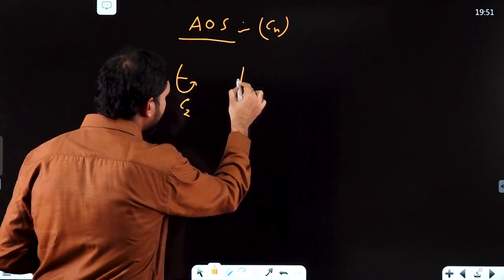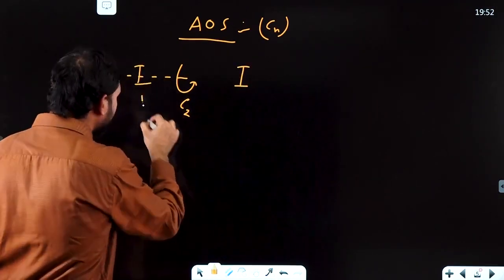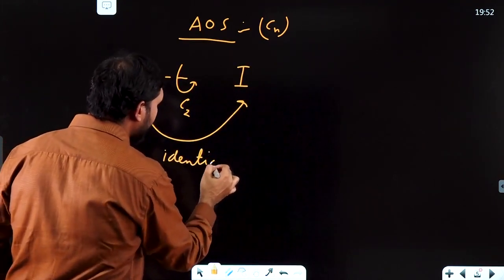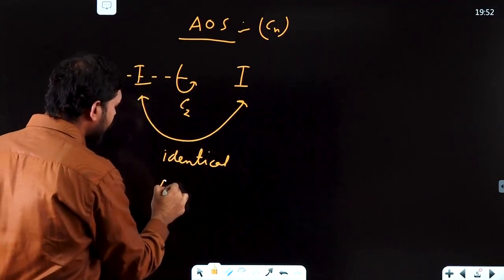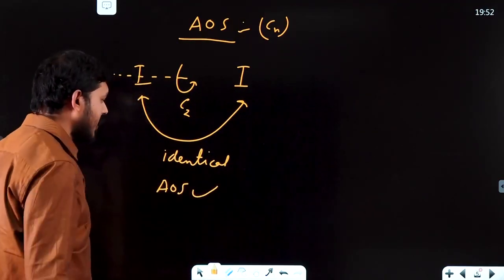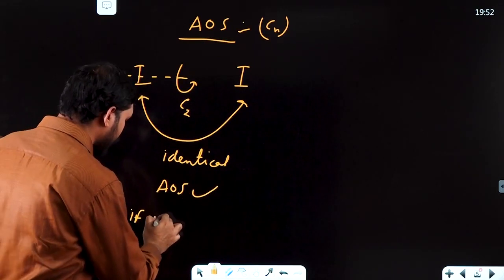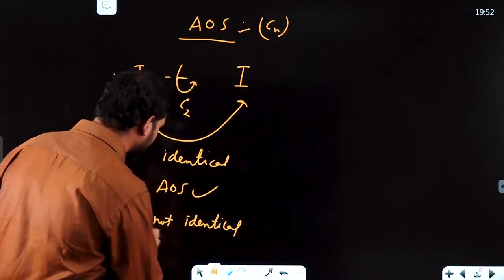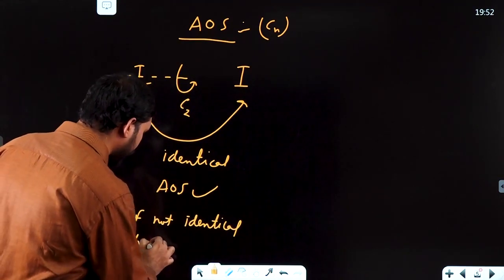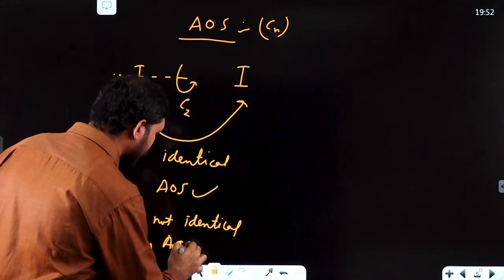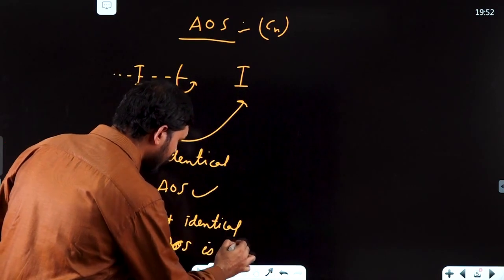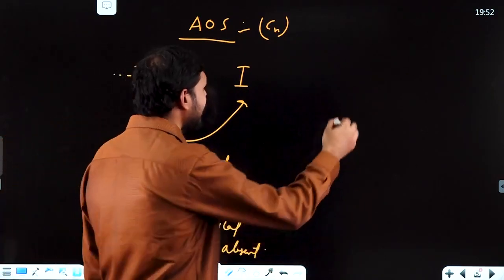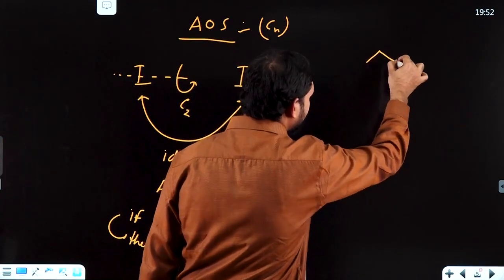If I get another compound, and if these two are identical, it means AOS is present. If not identical, then AOS is absent. Clear? So students, let's see from a few examples.